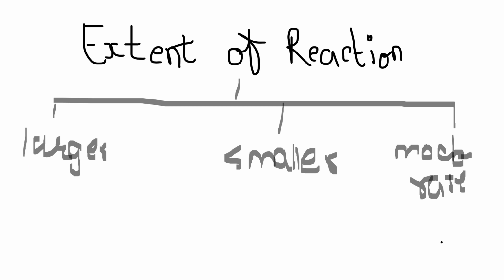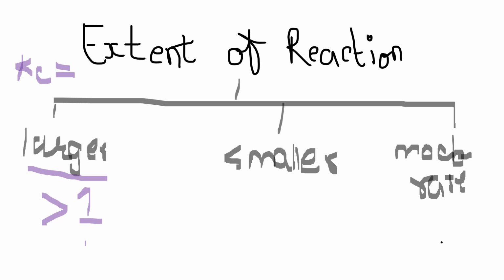When we are talking about the larger extent, that probably means the value of the Kc can be anything greater than 1. Now what does that mean? That means it can be 1.5, it can be 2, 2.5, 3, 3.5, larger than 1.